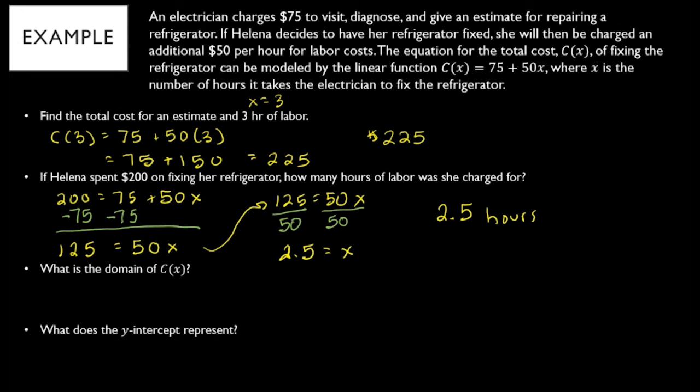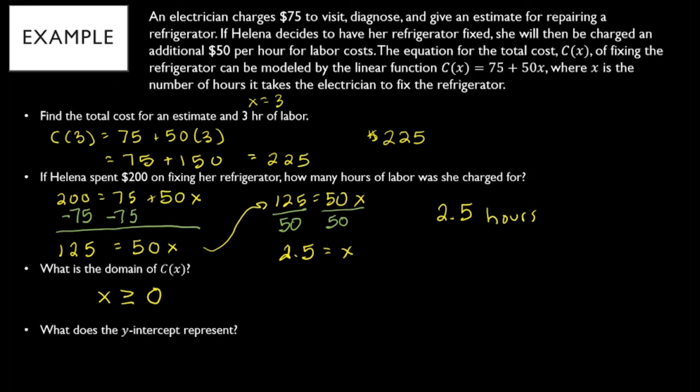And we could have 0, because it could be that it took 0 hours, he doesn't fix it at all. So our domain is going to be 0 and anything larger than that. So we can write this as x greater than or equal to 0 for our domain. We can also write this in interval notation, but that's focused more in college algebra.